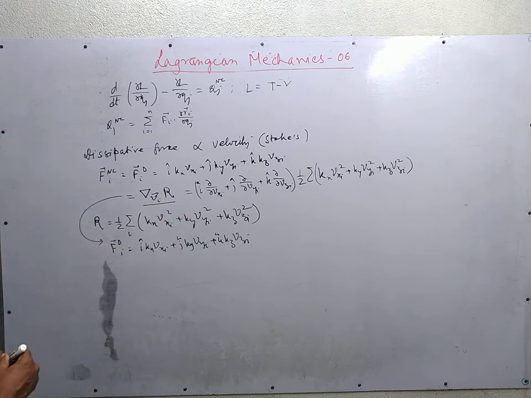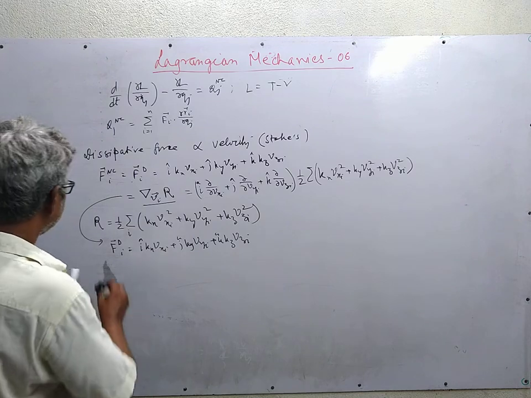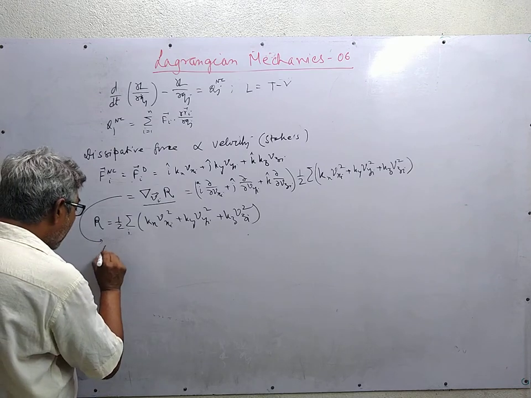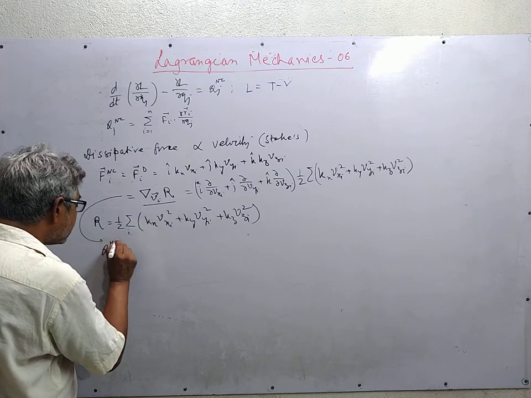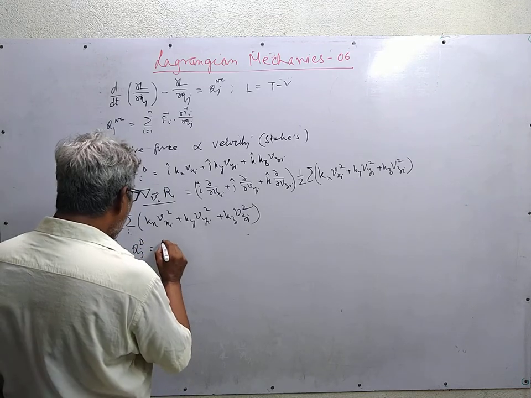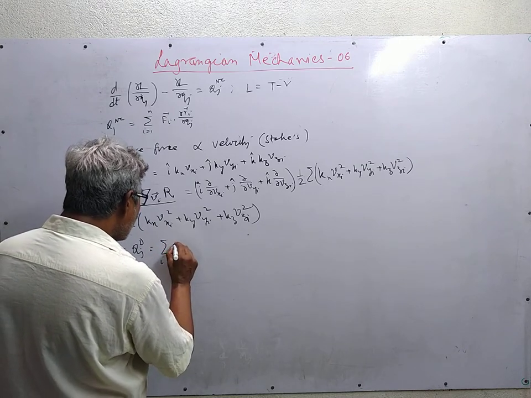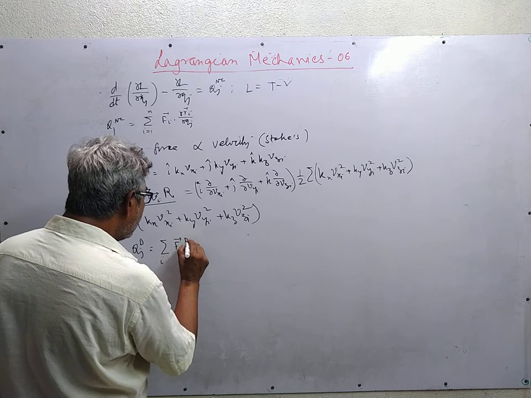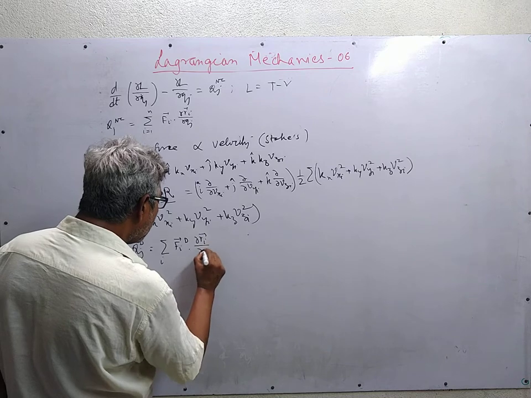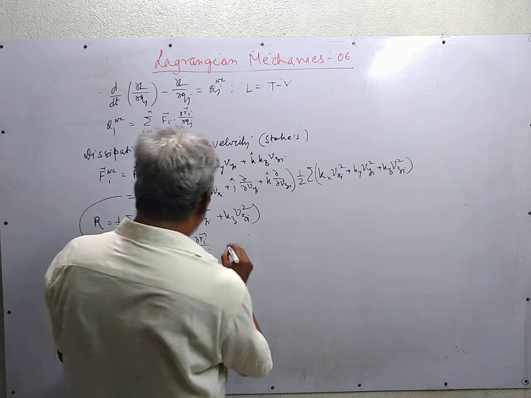So what happens to the virtual work done? Now we come to the generalized force QNC, which for the dissipative force we write as Qd, the summation over i of Fid dot del Ri del Qj.